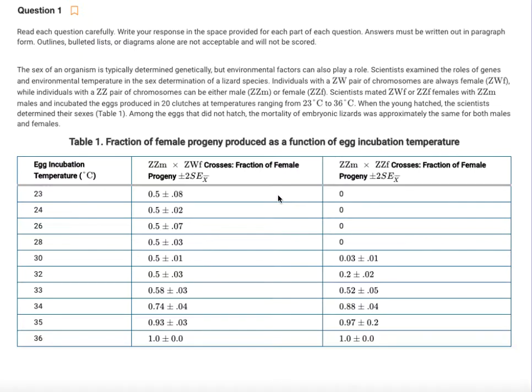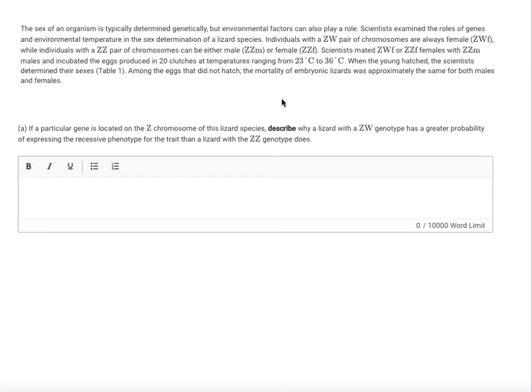Scientists mated ZZF females with ZZM males and incubated the eggs, produced in 20 clutches at temperatures ranging from 23 degrees Celsius to 36 degrees Celsius. When the young hatched, the scientists determined their sexes. Among the eggs that did not hatch, the mortality of embryonic lizards was approximately the same for both males and females. Okay, so let's take a look at what they want.